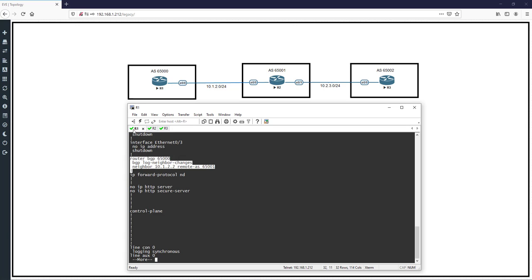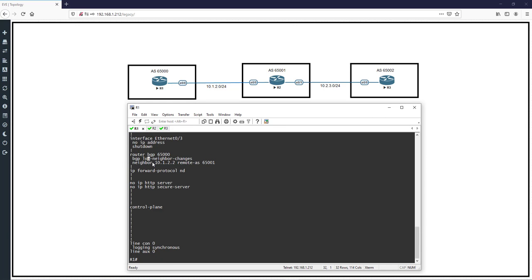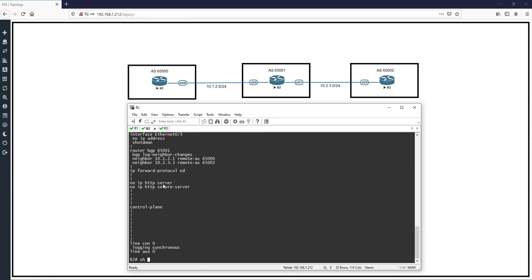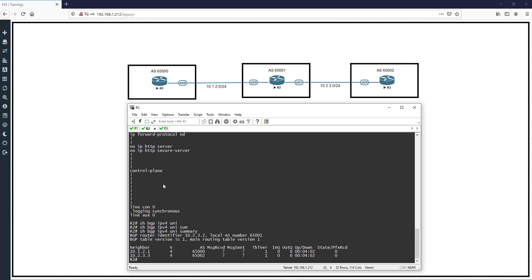Now we have neighborships. Let's check it. In R1, I use the new syntax of commands for monitoring, show bgp ipv4 unicast summary. Okay, you can see that R1 now has a neighborship with R2. In R2 I use show bgp ipv4 unicast summary, and in R2 we have two neighborships, between R2 and R1 and between R2 and R3.